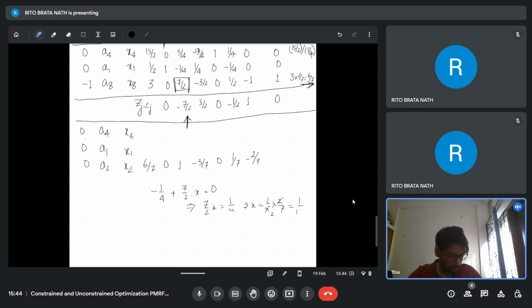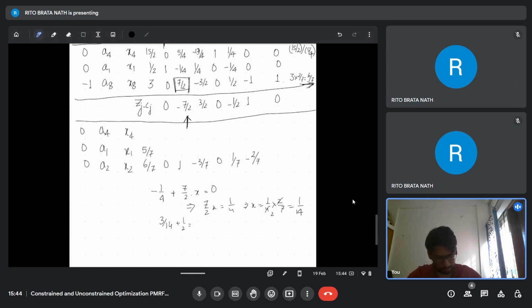You have to multiply this third one by 1 by 14 and then add it up. So that means it's 3 by 14 plus half. That's 7 by 14, 10 by 14. So yeah, this will be 5 by 7.